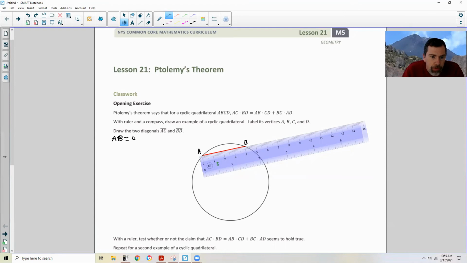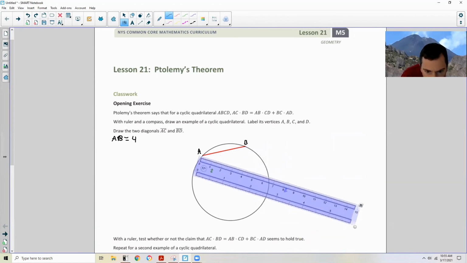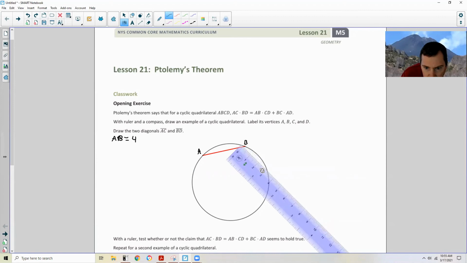AB equals 4. Okay, and I'm going to rotate and move my ruler so that B is right at 0. I'm trying to be as accurate as possible here. This is really difficult with this program.